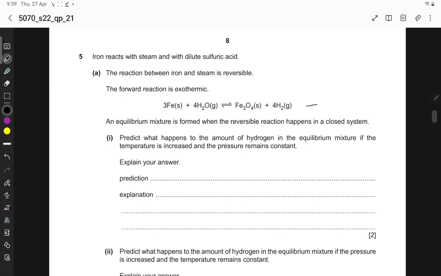This is the chemical equation. This is an exothermic reaction, negative delta H. What happens to the amount of hydrogen in the equilibrium mixture if the temperature is increased and pressure remains constant?